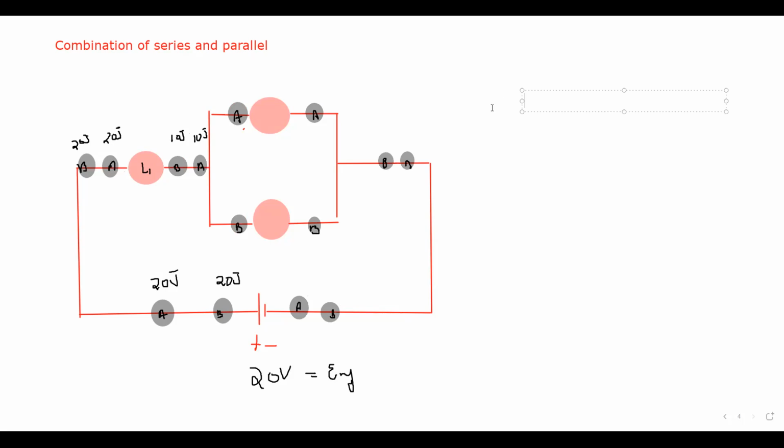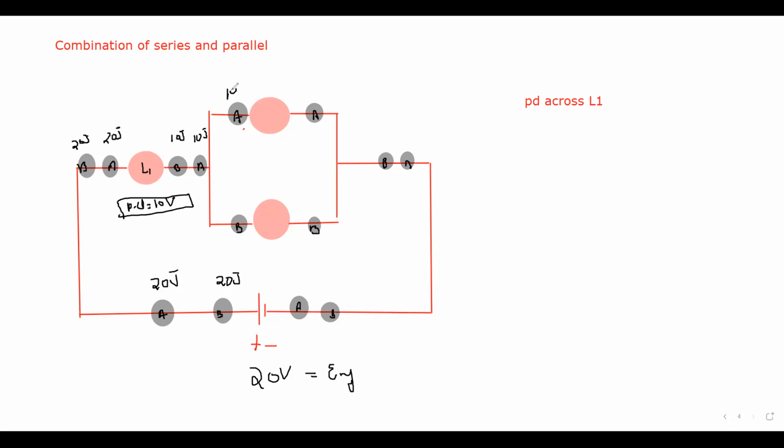So PD across L1 is equal to 10. Why is it 10? Because how much energy is transferred by one charge is called potential difference. So the potential difference is 10 here.